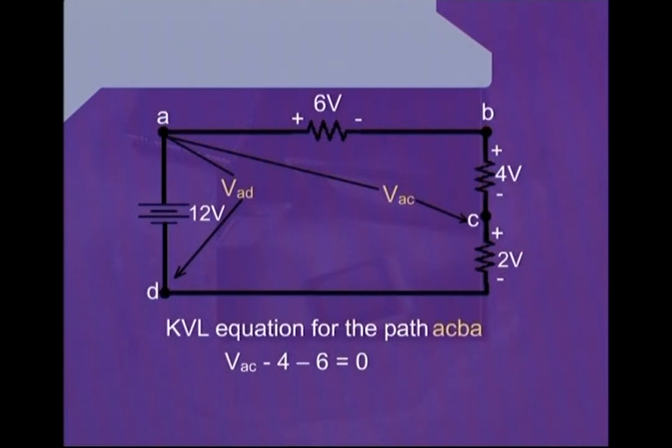Therefore, we put a negative sign, and next to that we will write the voltage drop across this resistance, which is 6. After crossing this resistance, we reach back at the point A.